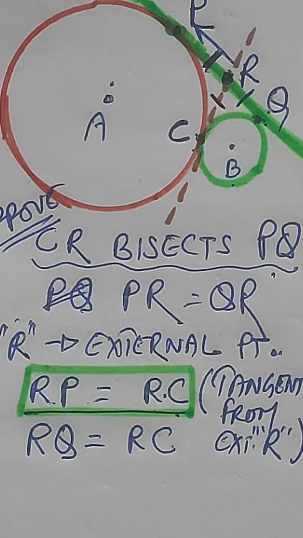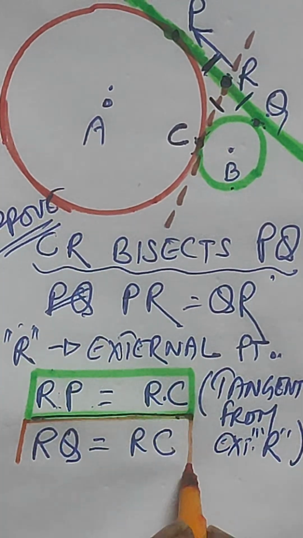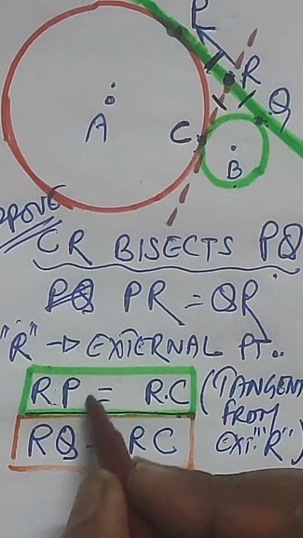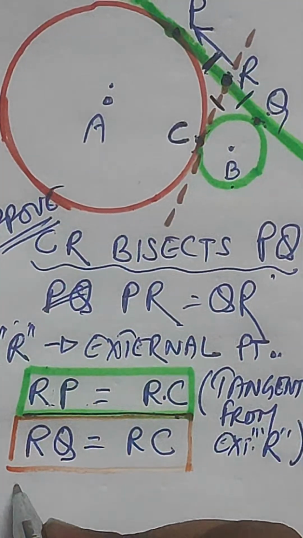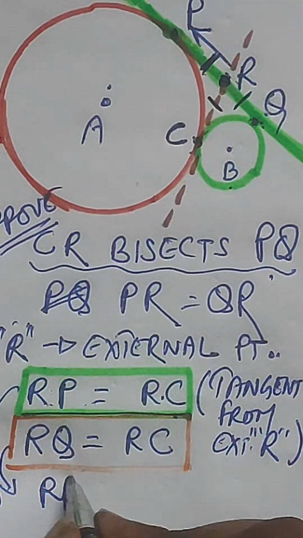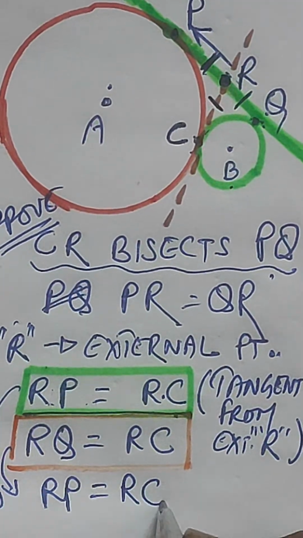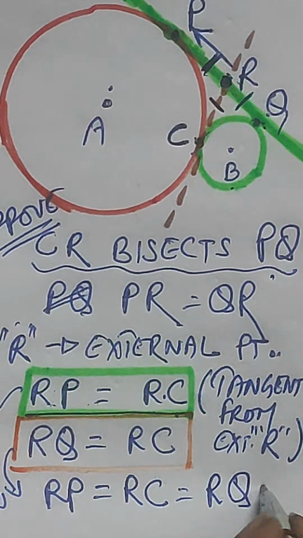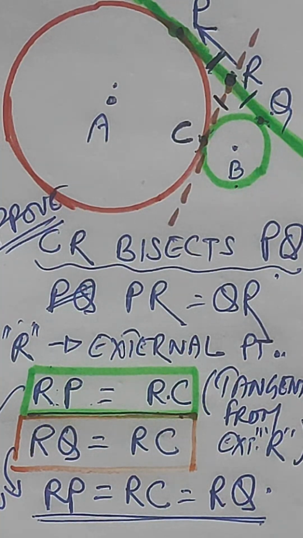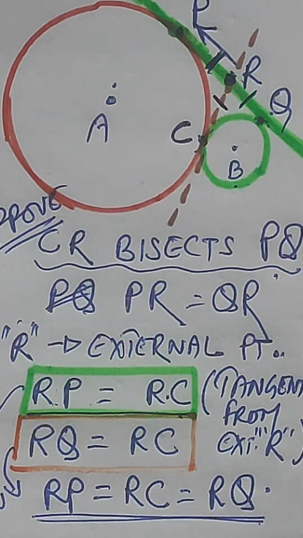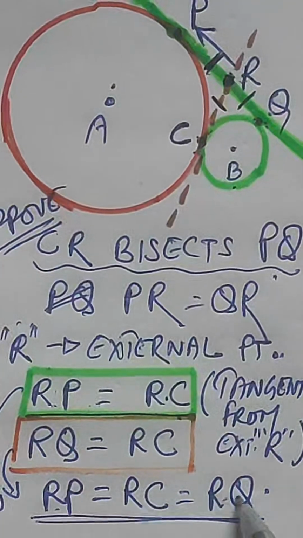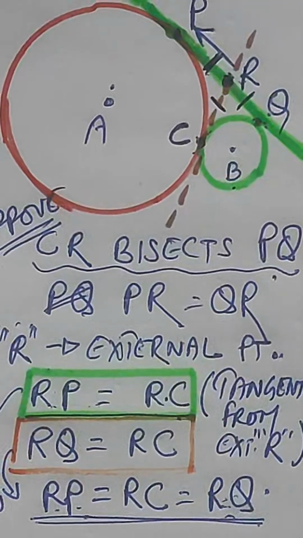This is another relation. Now using both relations, we can write that RP is equal to RC is equal to RQ, isn't it? All these three are equal to each other, right? Since all these three tangents are equal, we can say that RP equals RQ.